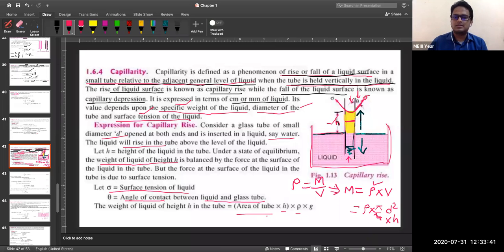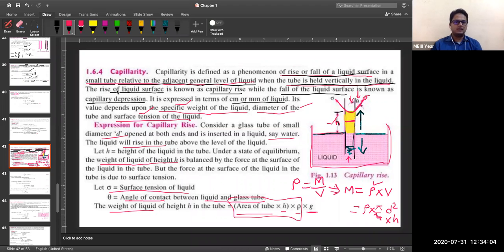So this much is giving the mass of liquid present over there. But we are looking for the weight of the liquid. If you have known mass, then you have to multiply it with acceleration due to gravity, that is your g. So from here you will get the weight of liquid of height h in the tube.